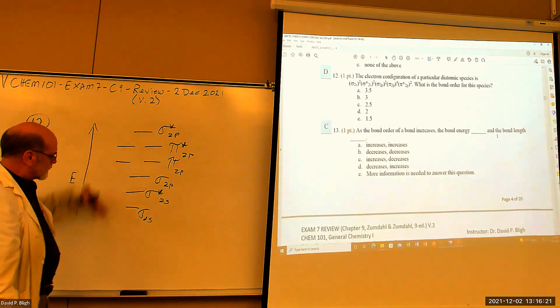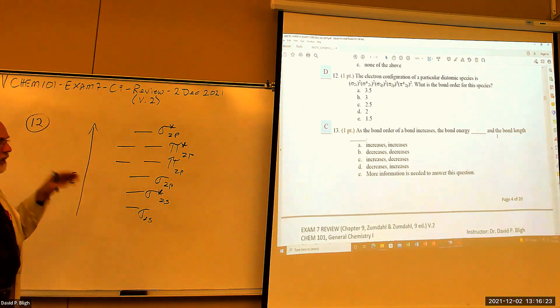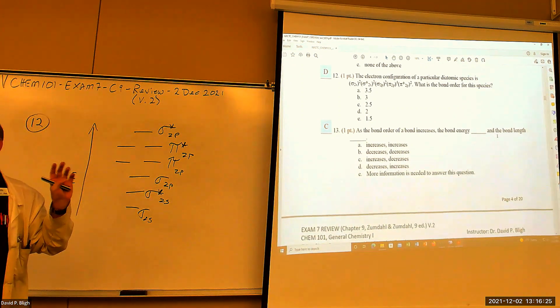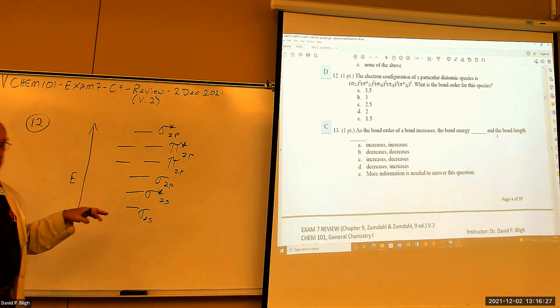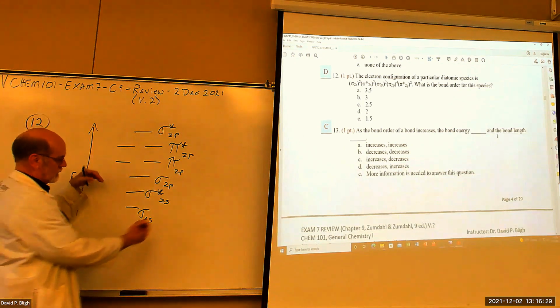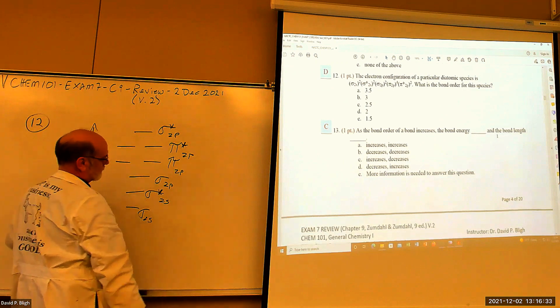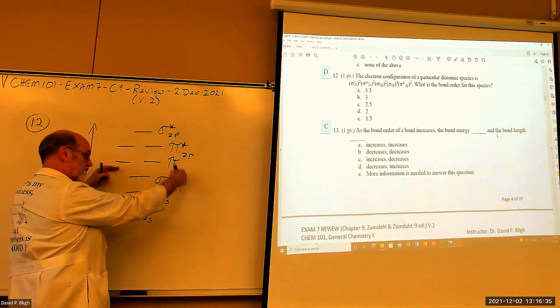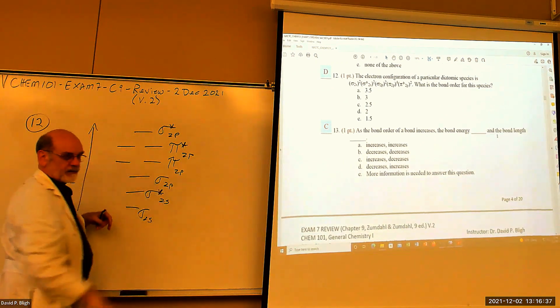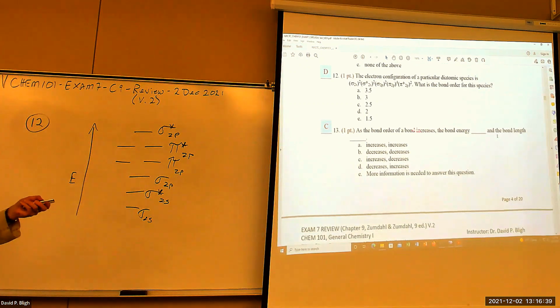So that's the way they would stack up if there were no sigma-pi mixing, s-p mixing. You would have the sigmas like this, the pi's in the middle like that. If there were mixing, then this one would be underneath, this would be up here. But in this case, there's no mixing because it goes sigma pi pi.